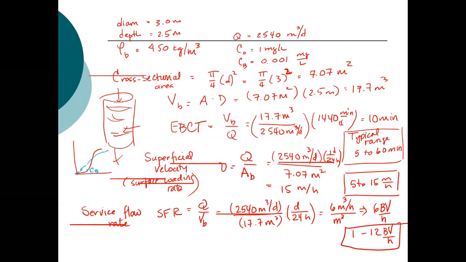So they were trying to remove that with that first column and then use the second column to really lower the PFAS chemicals, the PFOA and the PFOS, down to the levels that they needed.